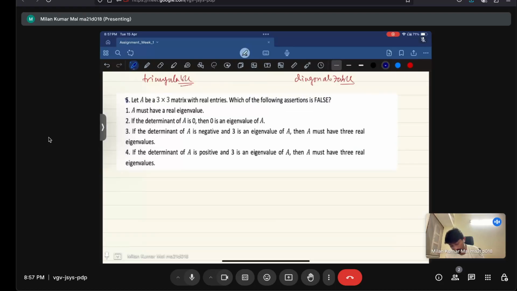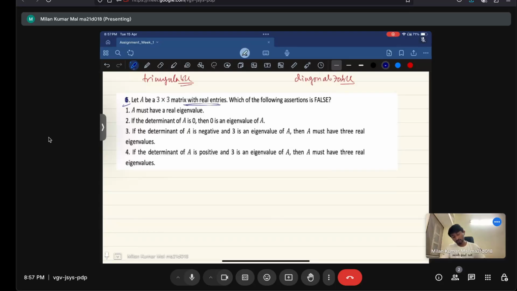So what are the options? Here it is said, let A be a 3 by 3 matrix with real entries. Which of the following assertions is false? A must have a real eigenvalue. Second, if the determinant of A is 0, then 0 is an eigenvalue of A.